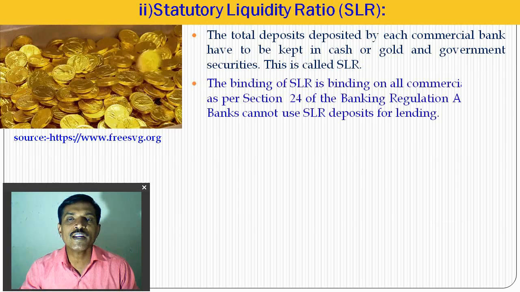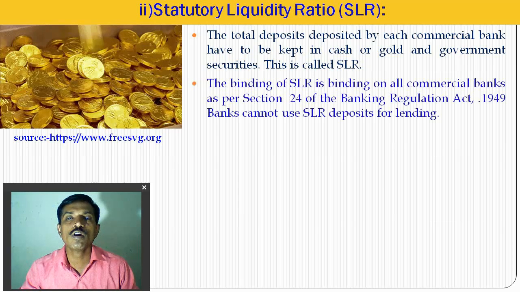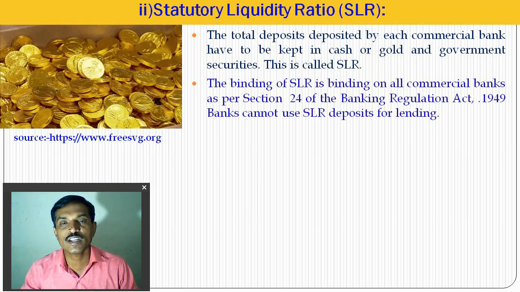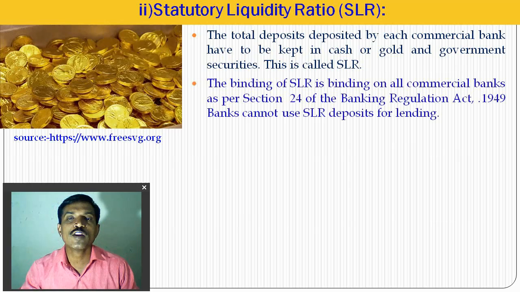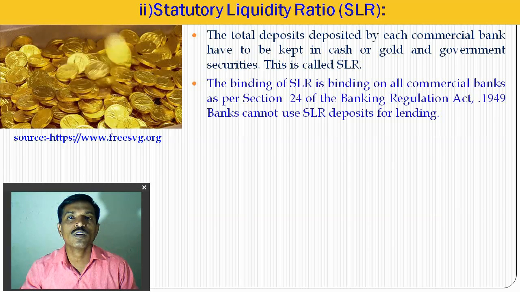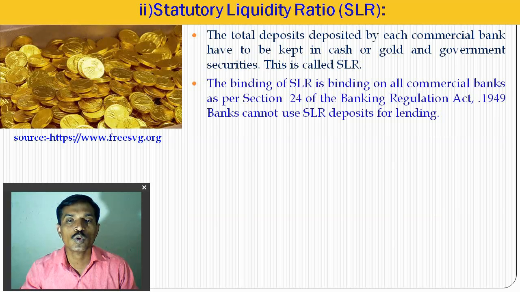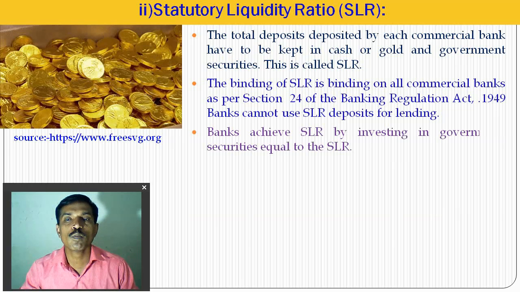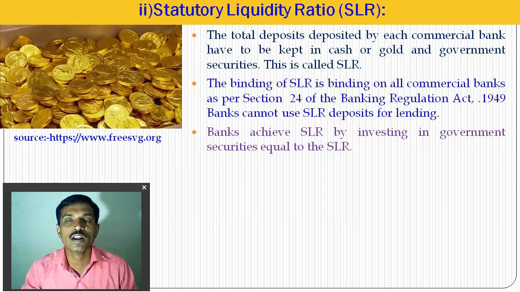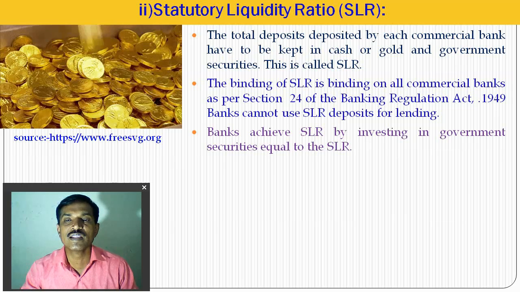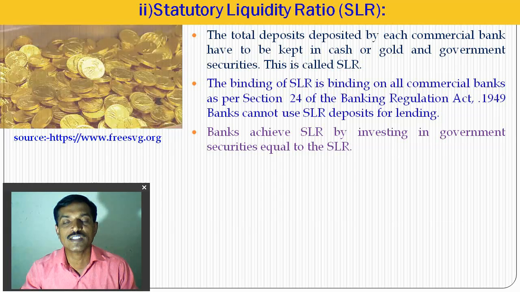The SLR is binding on all commercial banks as per section 24 of the Banking Regulation Act 1949; banks cannot use the SLR deposit for lending to their customers. So they keep a certain percent in liquid assets as per the Banking Regulation Act section 24. Banks achieve the SLR by investing in government securities equal to the SLR.